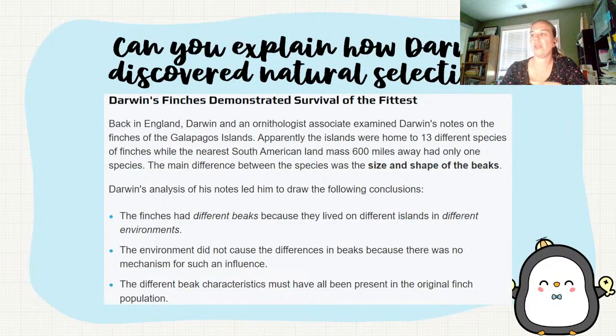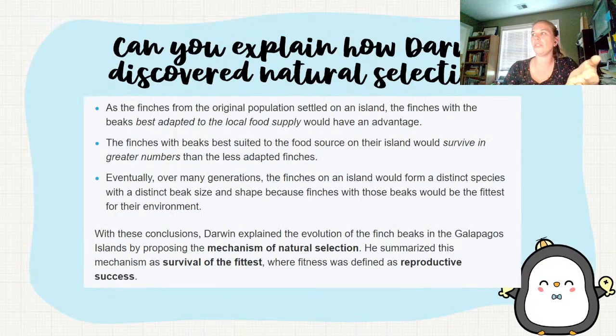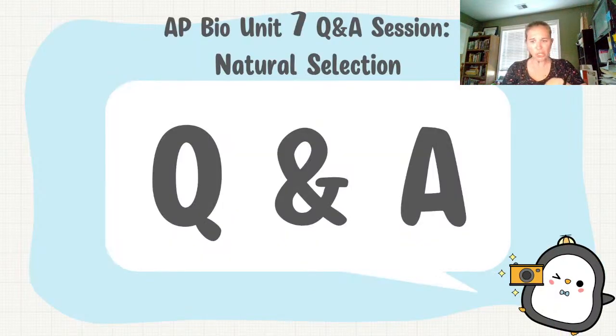Due to that, he was able to make a connection between how the environment influenced those that were more favorable. He also saw that the ones best adapted to get more food had the advantage, and so there were greater numbers of them in that population. Eventually they formed their own distinct species, and that's when he really came up with survival of the fittest, where fitness has to do with that contribution to the next generation and the more favorable traits.